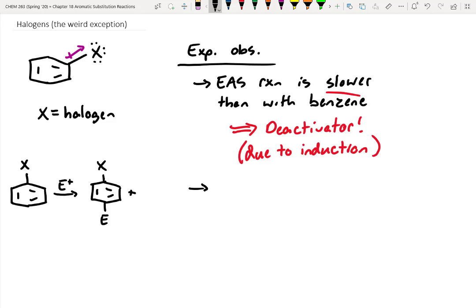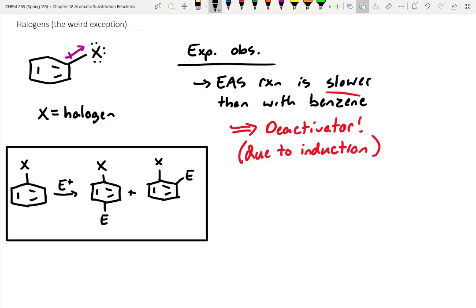We could determine that by NMR. And then the other product that we observe looks like this. This would be the experimental observation that we would get if we were to run this test reaction. And what you would immediately notice is you'd get para substitution and you'd get ortho.